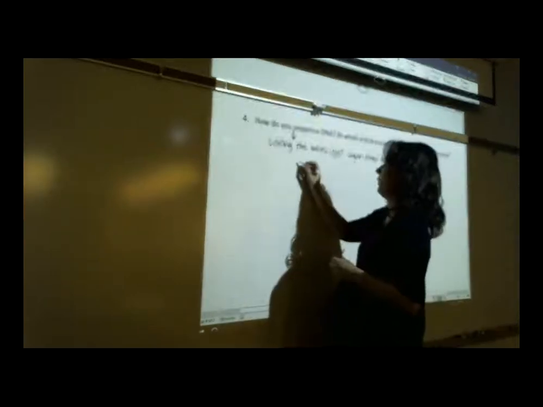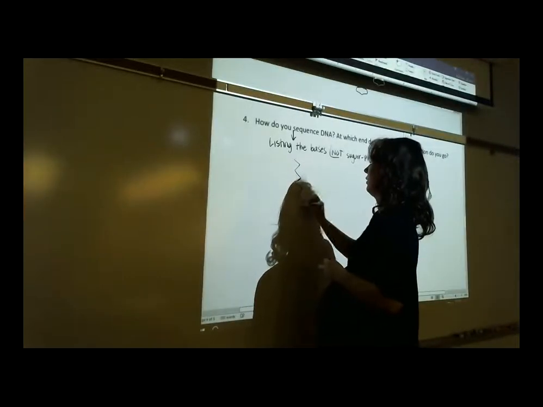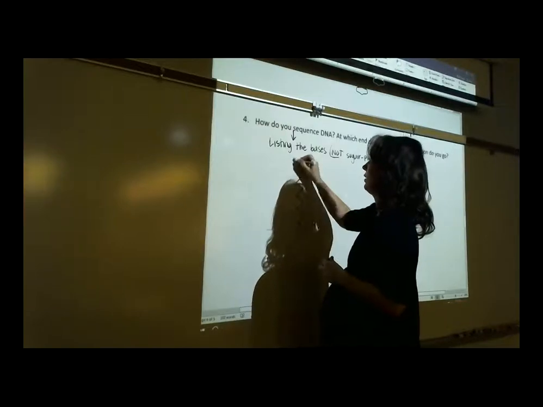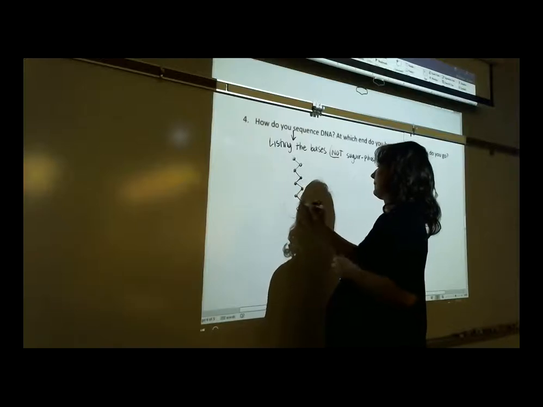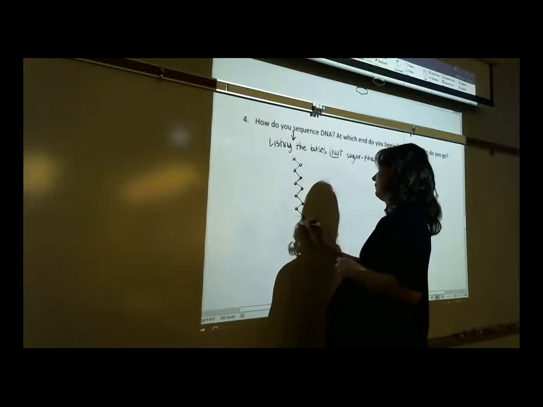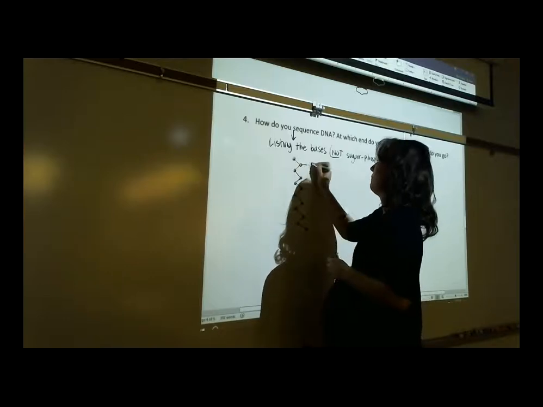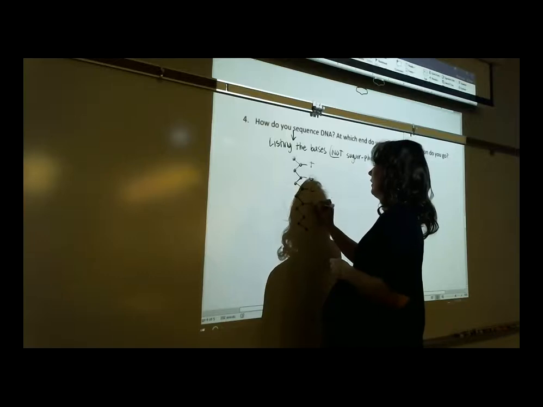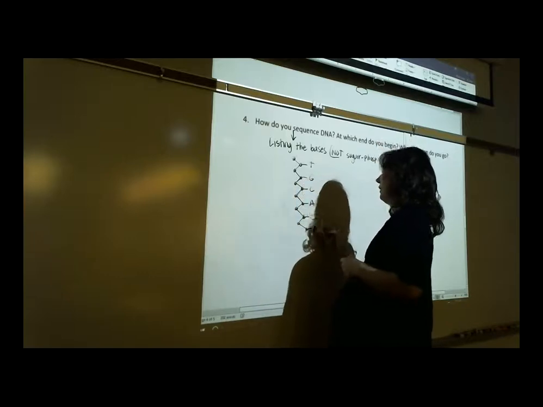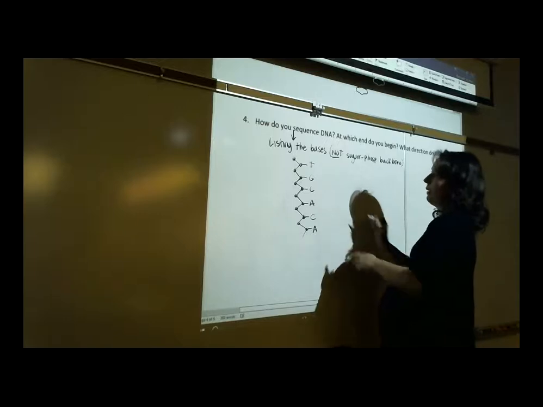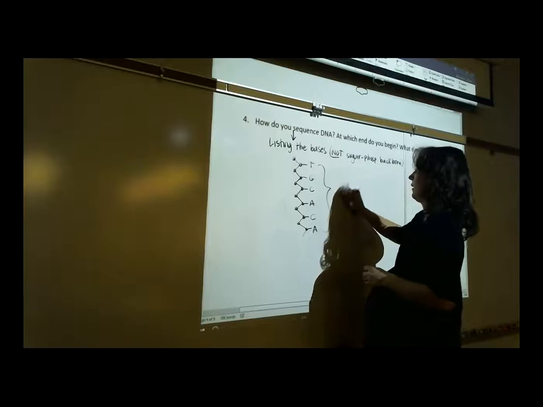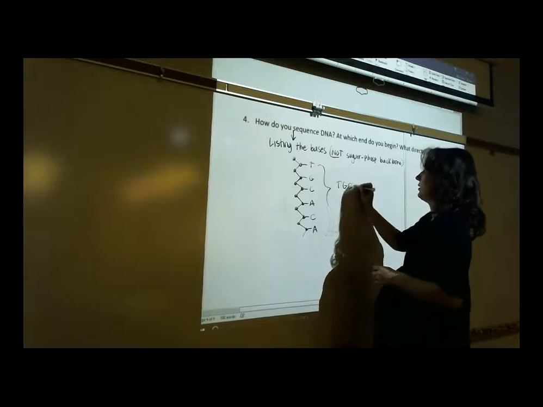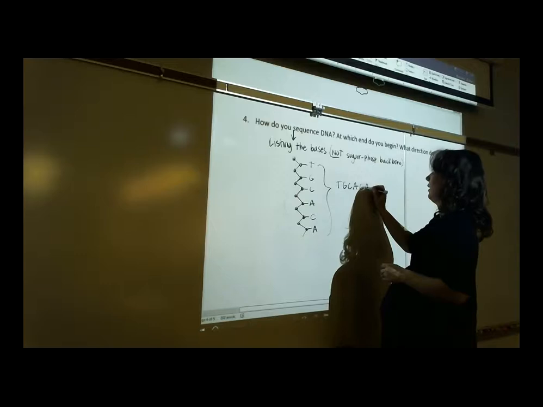So if you've got your backbone, we're just going to sketch it kind of like what your book does, because it does kind of look zigzaggy. Let's just go T, G, C, A, C, A. What you're doing is you're listing the bases. So this will be sequenced T, G, C, A, C, A.